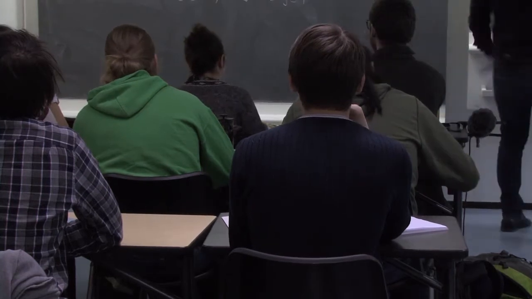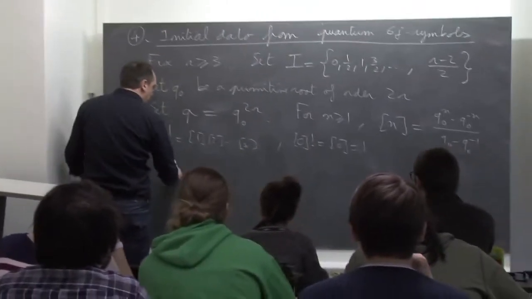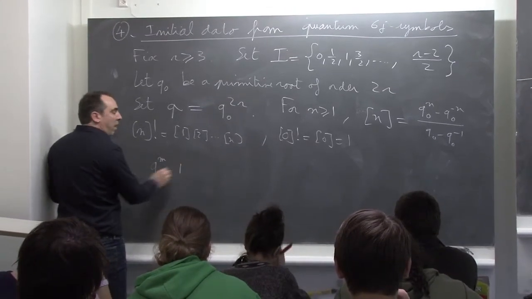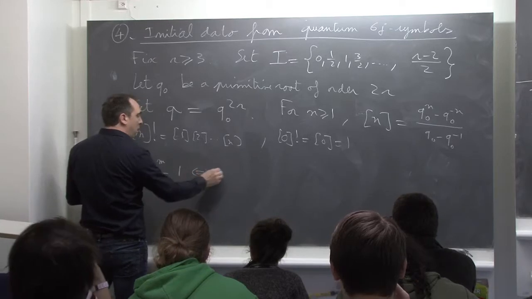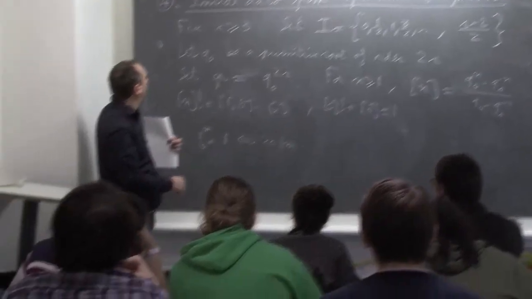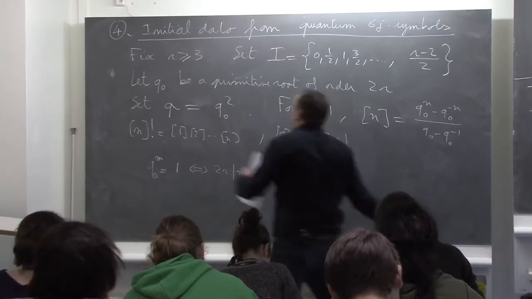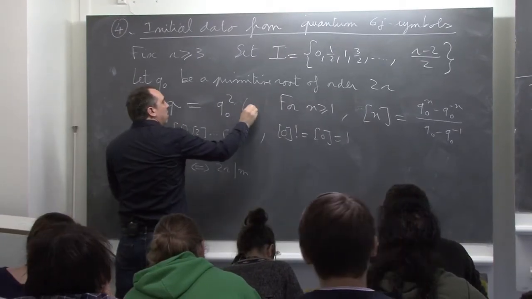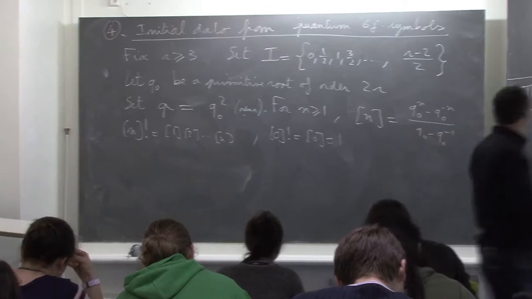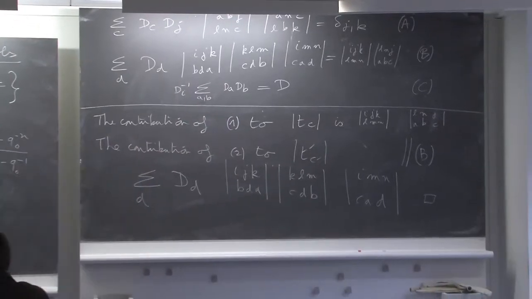If that means this number to the power 2r is 1, then... This means that for an integer m, q0 to the m is 1 if and only if 2r divides m. Okay, thanks.